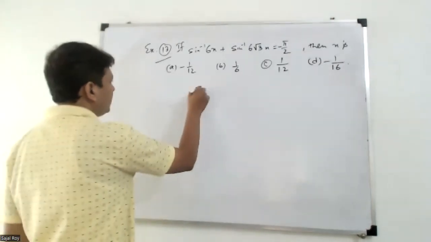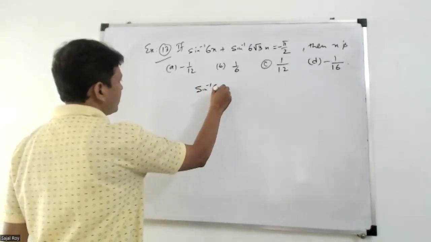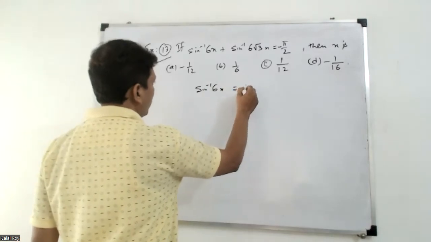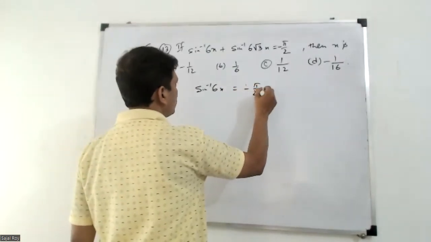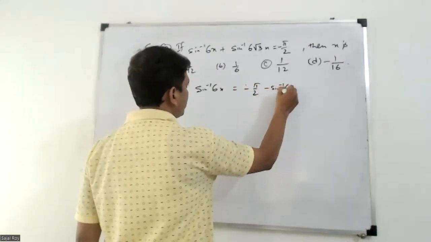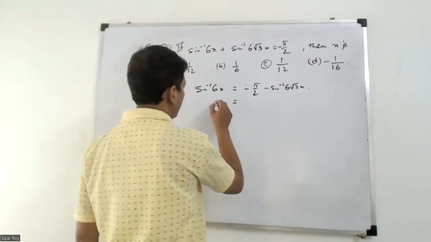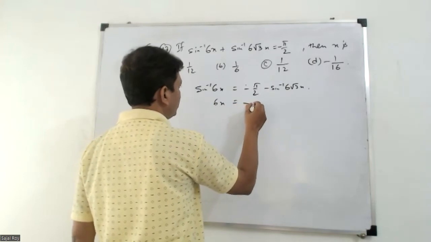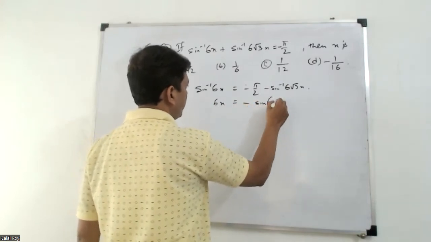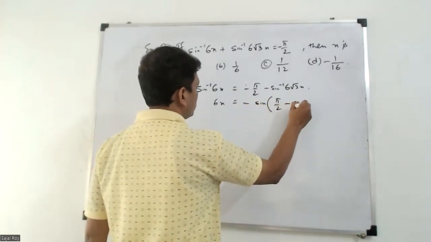Basically, you write sin inverse 6x equal to minus pi by 2 minus sin inverse 6 root 3 x. So you write sine of that.